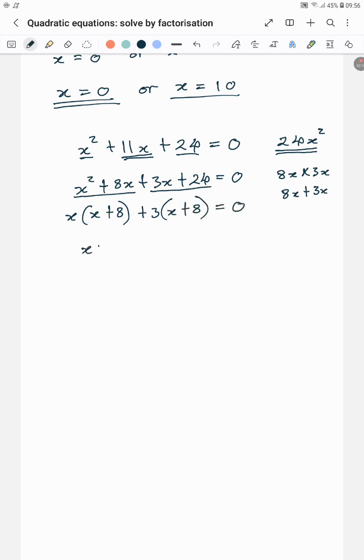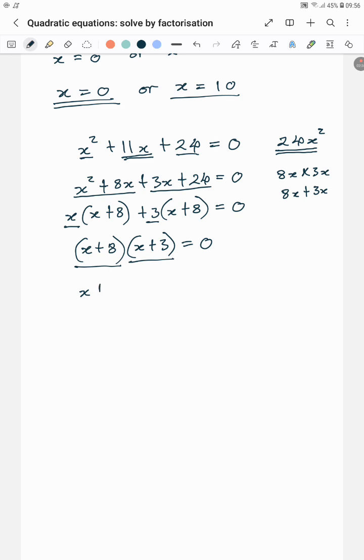So our common bracket is one of the factors, and the other bracket consists of the elements that are outside the brackets.